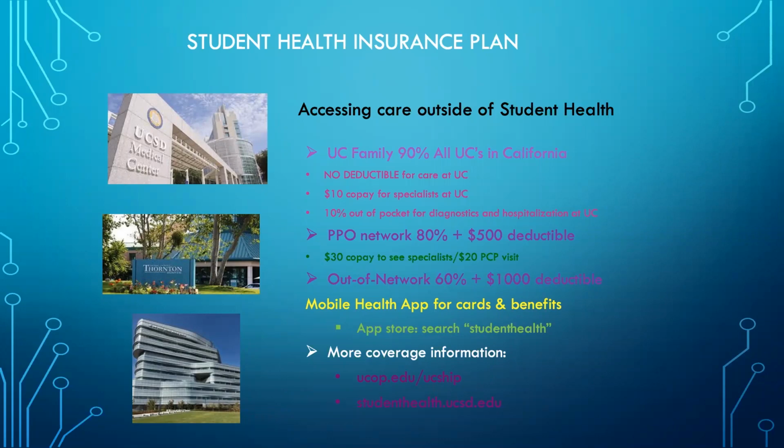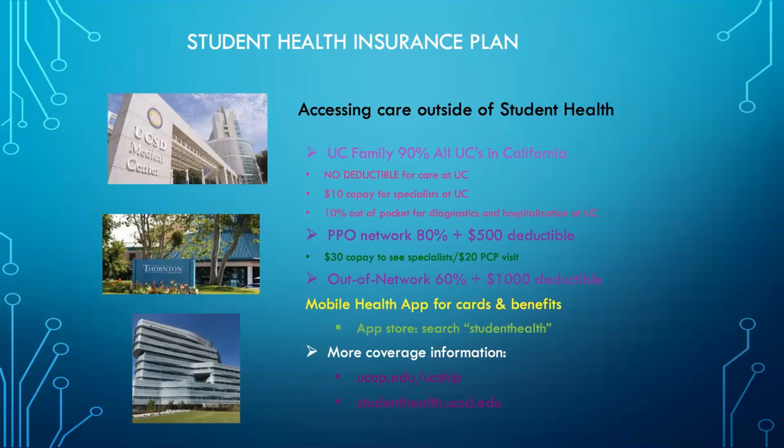Right across from our campus, we have Thornton Hospital, Jacobs Medical Center, and in downtown San Diego, we have Hillcrest Hospital. They house inpatient and outpatient services, mental health. They have cutting-edge diagnostic services, and they house over 300 specialty care providers that can assist you with anything from allergy to urology, and the insurance plan does cover those services.